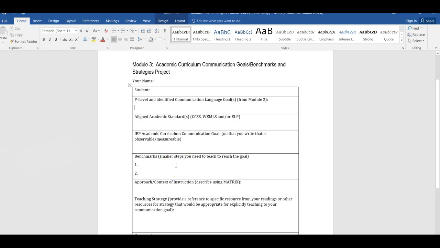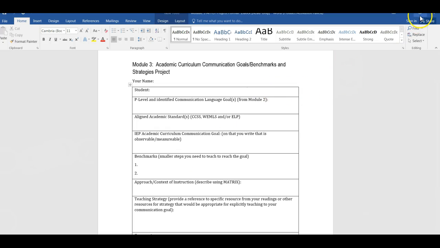But then the process is to begin to analyze or break down that goal into steps. And I think that's where the chart or the matrix is helpful.